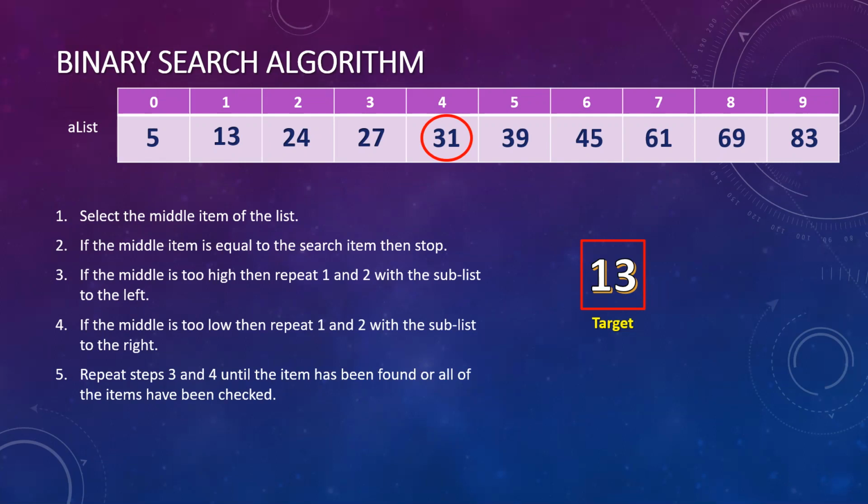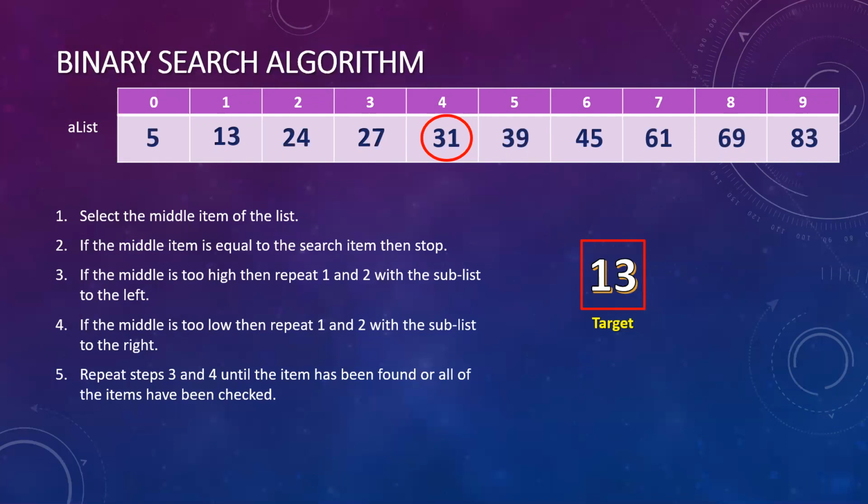It will try to match. If the search item and the middle item are the same or equal, then it will stop. But 13 and 31 are not the same.